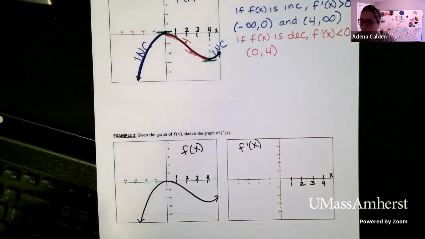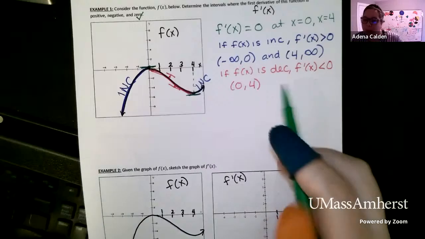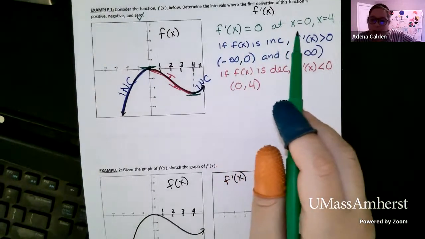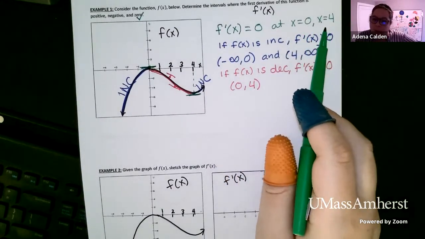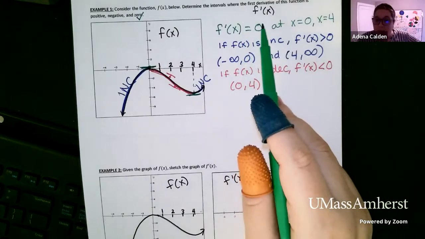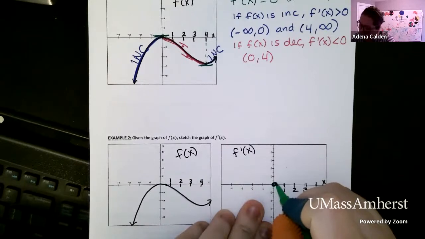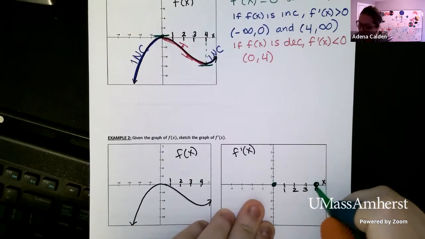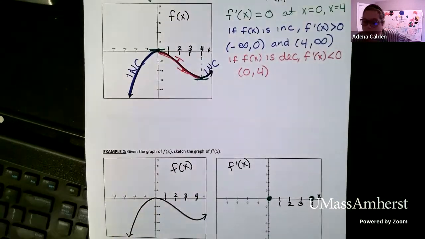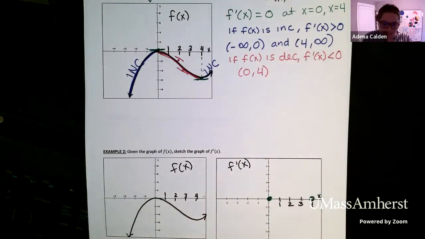So I'm going to start with the zeros because those are actual values, right? When x equals 0 or x equals 4, the derivative equals 0. So I have an actual value. So at 0, I'm at 0, and at 4, the value is 0. So I know my derivative has to go through those points.